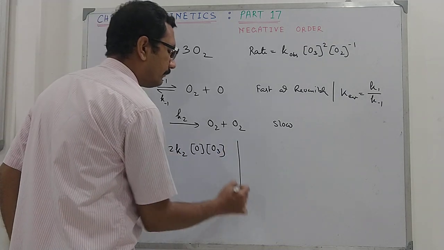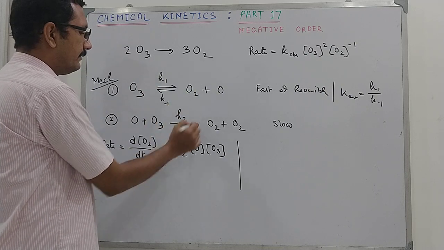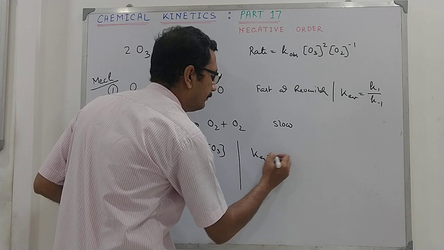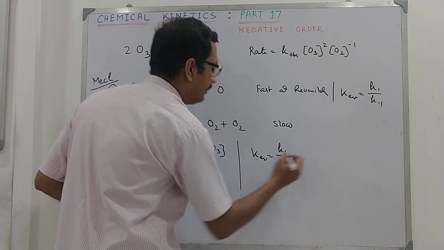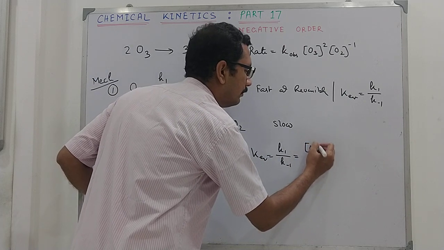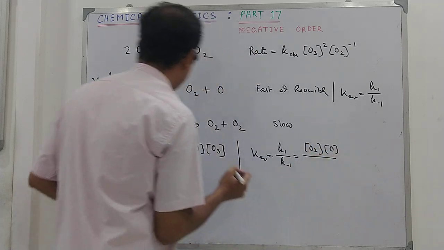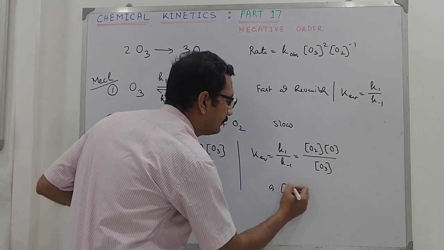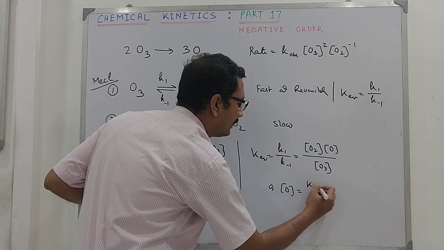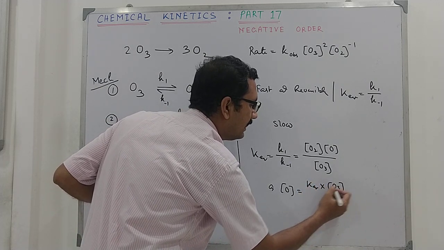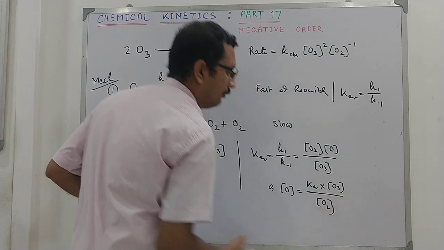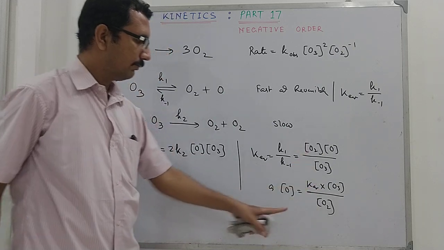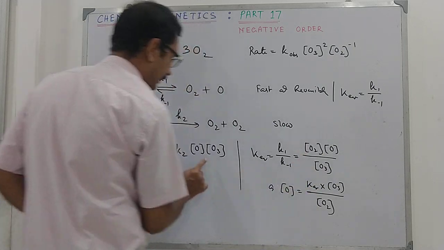Now since an equilibrium is generated and this is the slow step, so there is less pump of this oxygen, we can write K equilibrium equals K1 by K minus 1 equals [O2] into [O] by [O3]. So from this we have [O] to be K equilibrium into [O3] by [O2]. Now we put this expression in this relation.